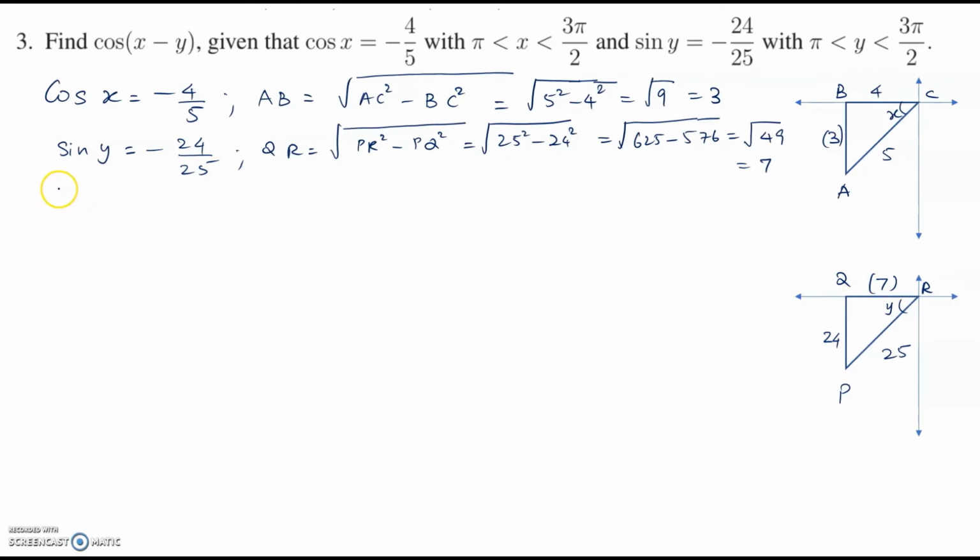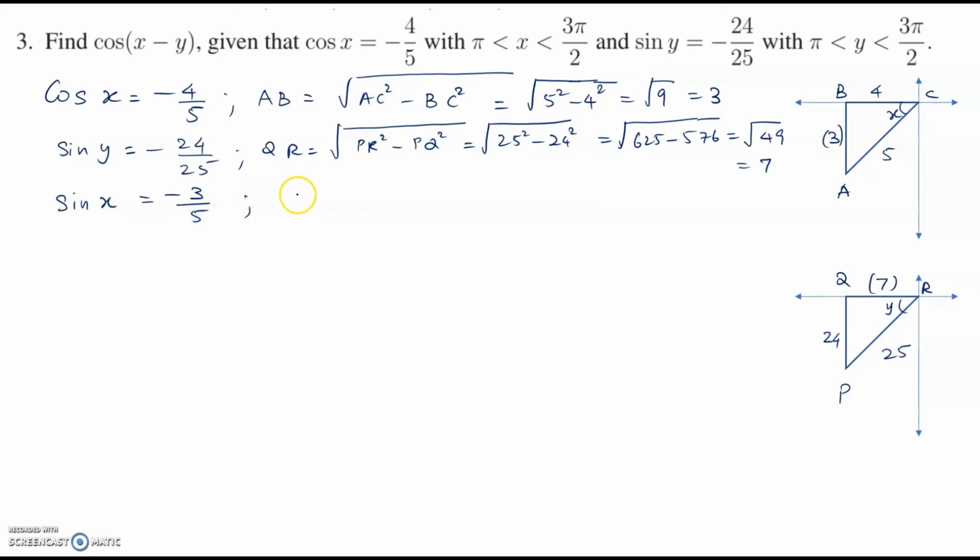So now let's find sine x using the triangle ABC. So sine x will be equal to opposite side, which is 3 over 5, and because x is in the third quadrant, sine will be negative, so the answer would be minus 3 by 5.